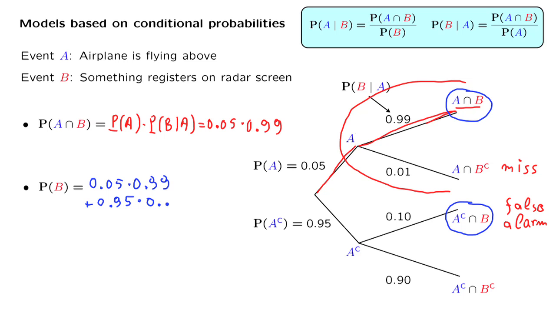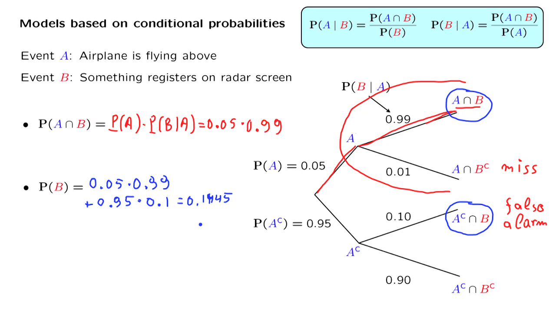And this is 0.1. If we add those two numbers together, the answer turns out to be 0.1445.